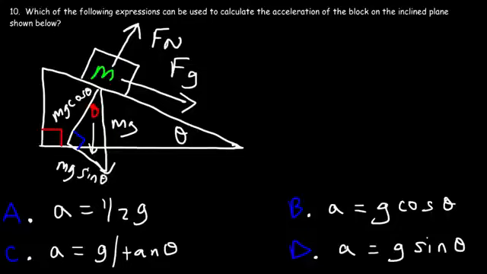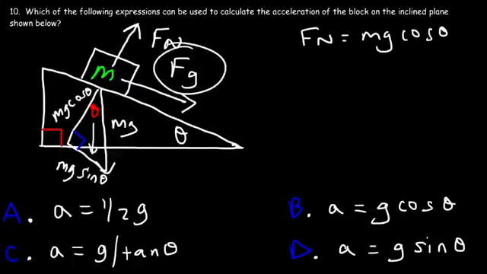Based on SOHCAHTOA, sine is opposite divided by hypotenuse. So what this tells us is that the normal force is equal to mg cosine theta. And Fg parallel is mg sine theta, so those two are equivalent.